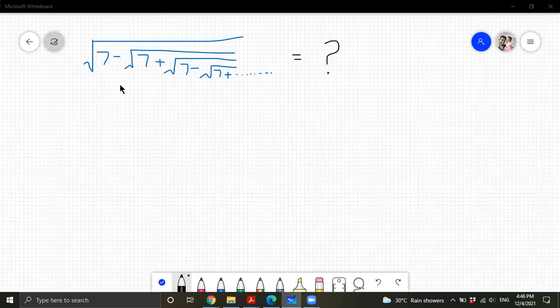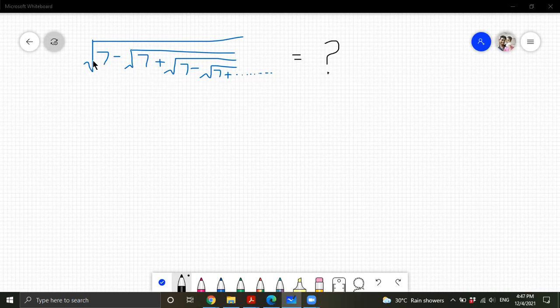So guys, before we try to solve this, we look into this sequence and try to find any pattern in it. We can see that the number 7 is always repeating, and within that the square root is also repeating. So it's like a pattern, repeating again and again. But the minus or plus symbol is only alternating.